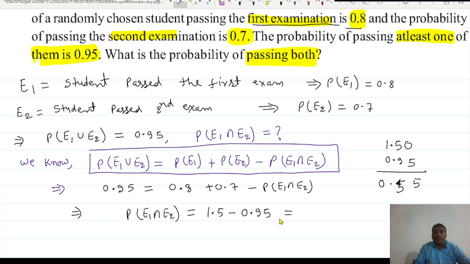So 0.55. That 0.55 is the answer. The probability that a student has passed both exams is 0.55.